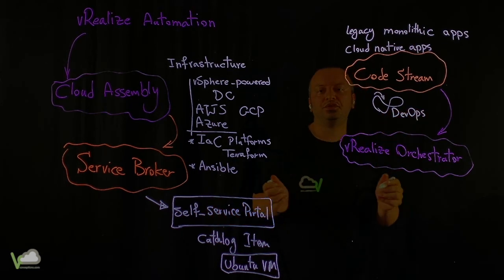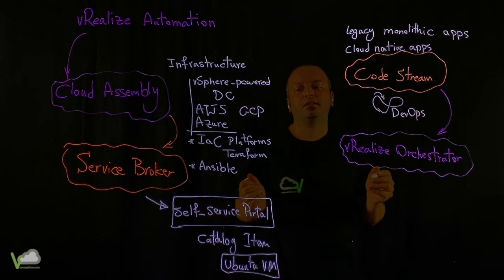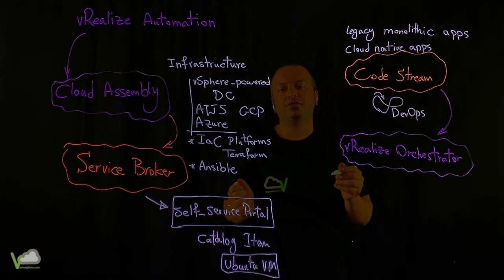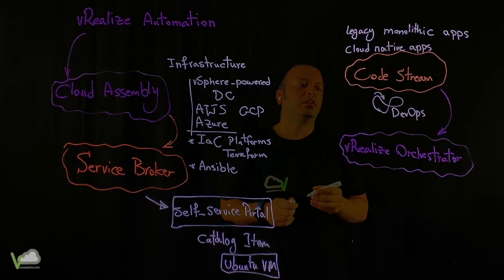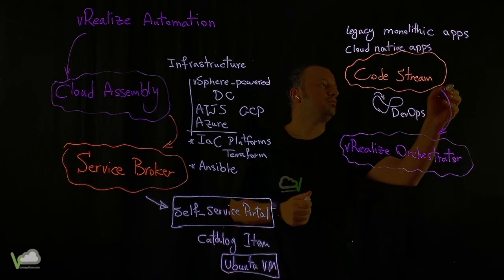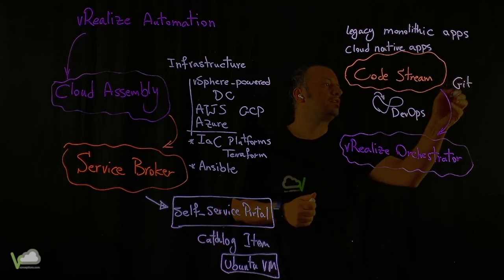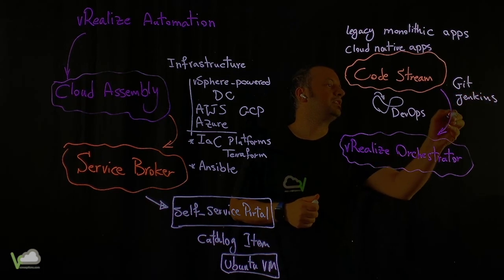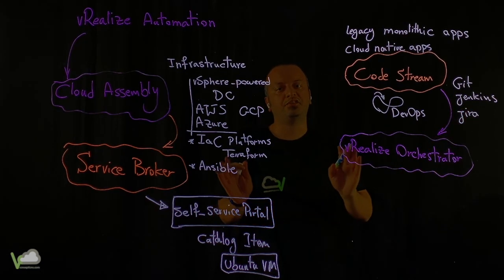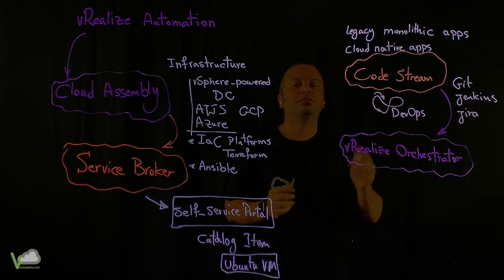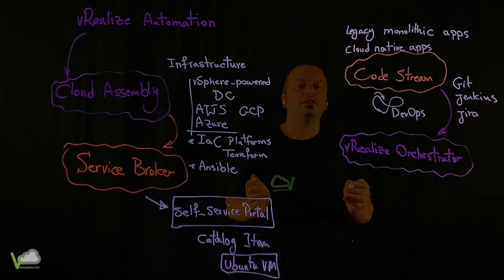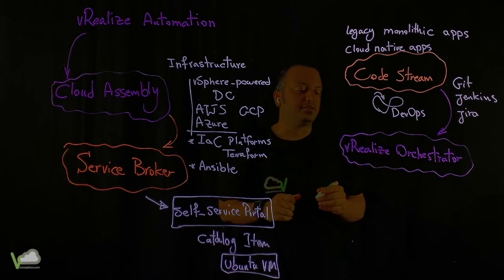Of course, if you already have an infrastructure for your DevOps, like Git or Jenkins or Jira, that's fine, that's perfect, because you can integrate it with CodeStream and use those existing tools.